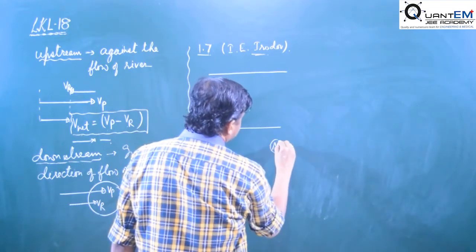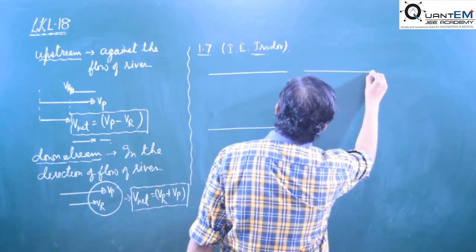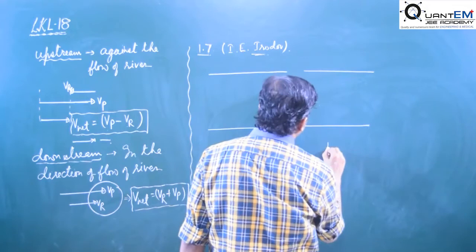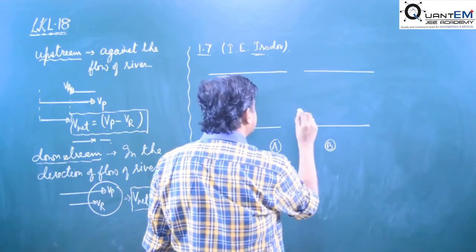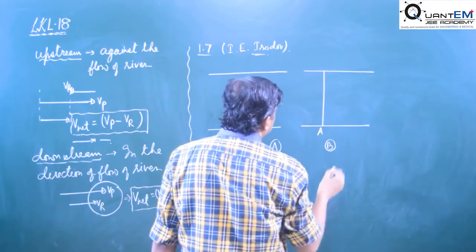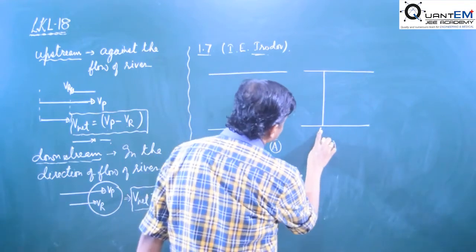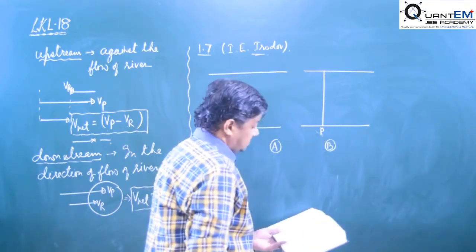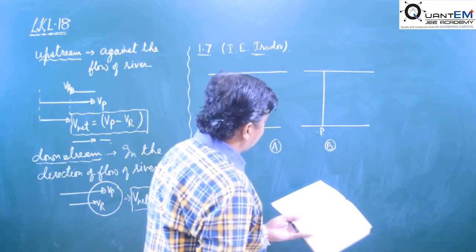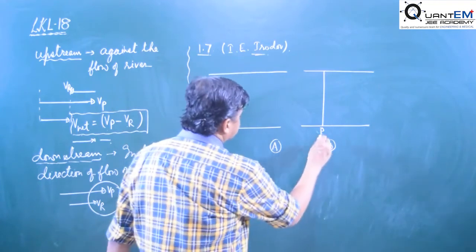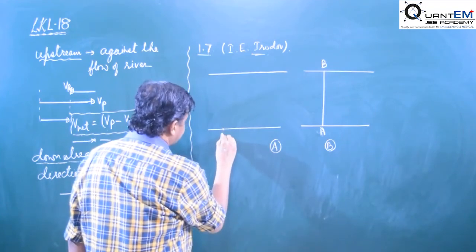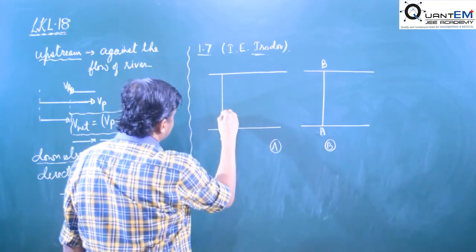One swimmer is A, and for the similar condition the other swimmer is B. We are taking different diagrams, and the swimmers have to reach, suppose this point is P, and the other point we have taken. This point is A, and just opposite to A we have point B.